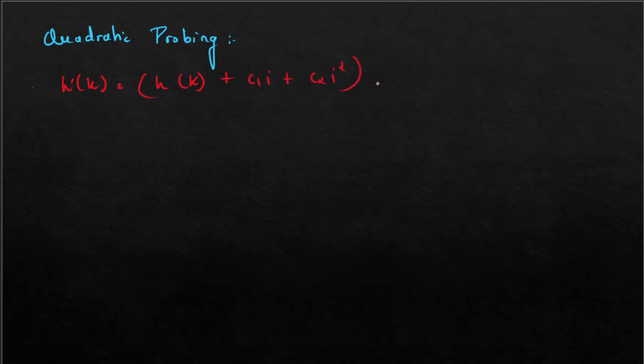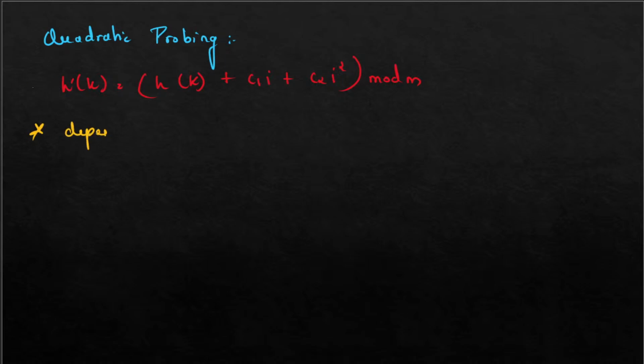Now let's discuss quadratic probing. So quadratic probing is h(k, i) equals (h(k) plus c1 i plus c2 i square) mod m. This is the formula.